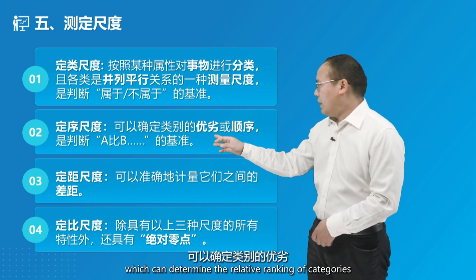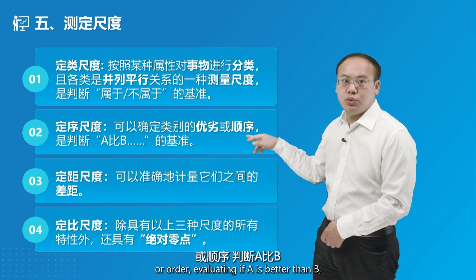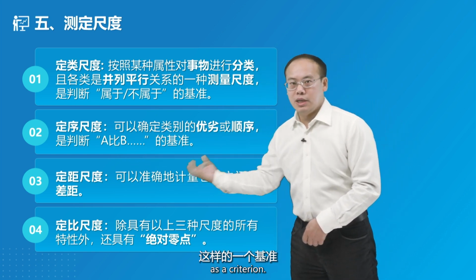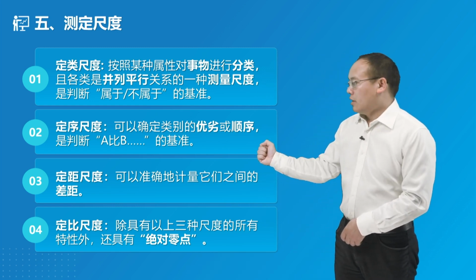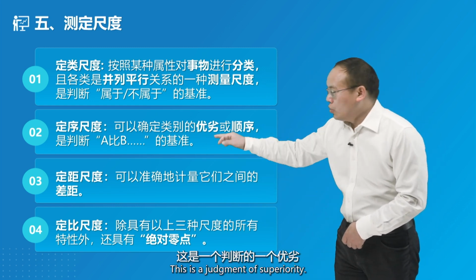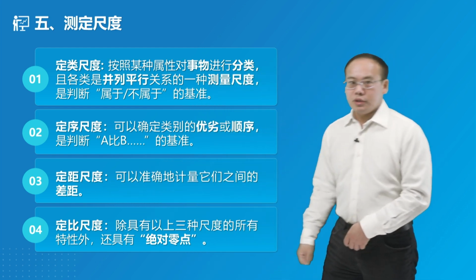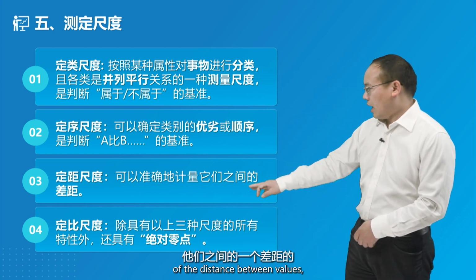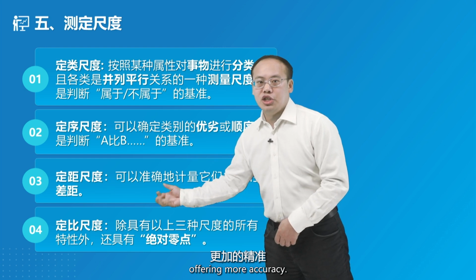The second is ordinal scale, which can determine the relative ranking of categories or order, evaluating if A is better than B. As a criterion, is A better than B right? This is a judgment of superiority. The third is interval scale, which allows for the precise measurement of the distance between values, offering more accuracy.